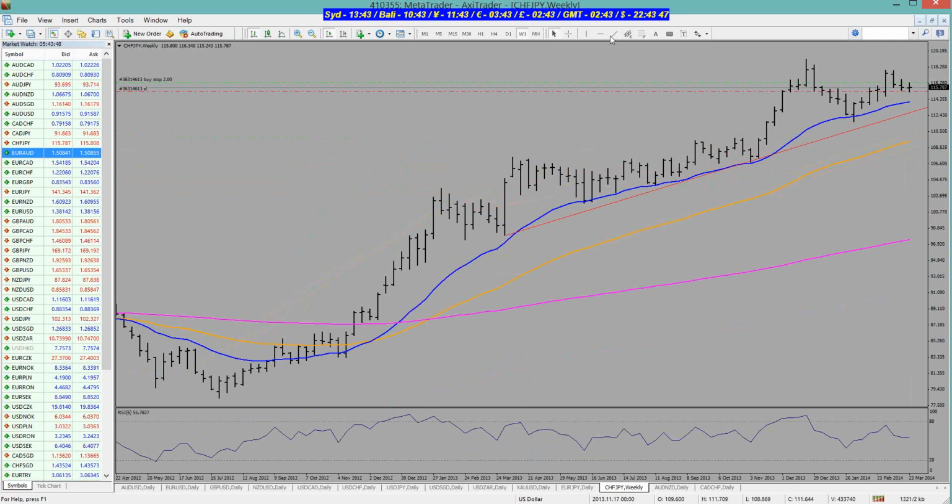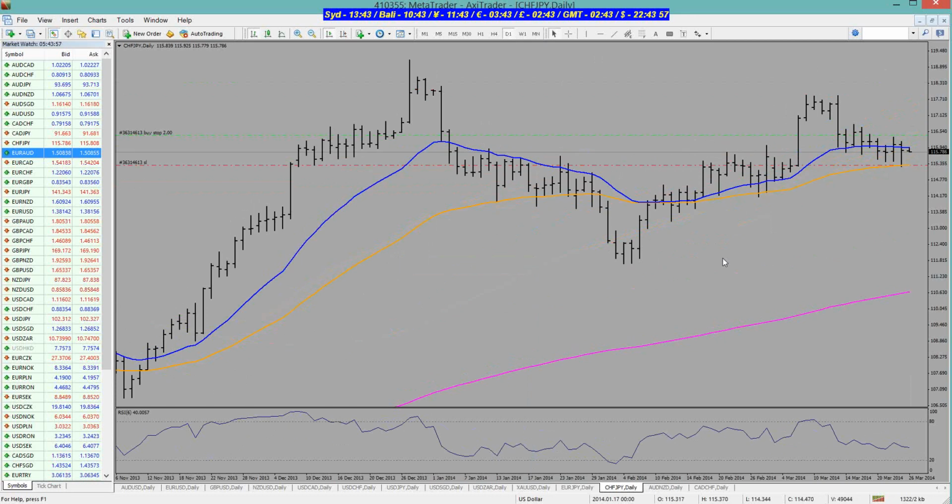Do we have trendline support? I'd say no to that. Over here, if you link these two, but not anymore. So I'd say no to that.